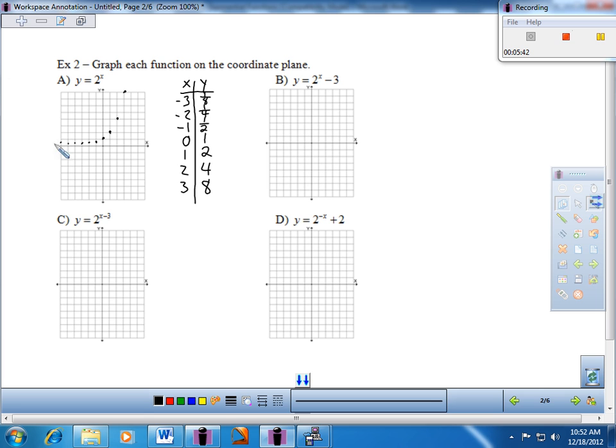And you can start to see a nice looking exponential growth curve form, something like that. And so that would be y equals 2 raised to the x. Wonderful. And we'll see some exponential decay curves in action when we pick up the calculator in about 3 or 4 minutes. But in the meantime, let's go ahead and just do some transformations on this piece.